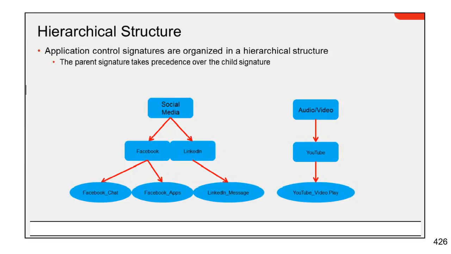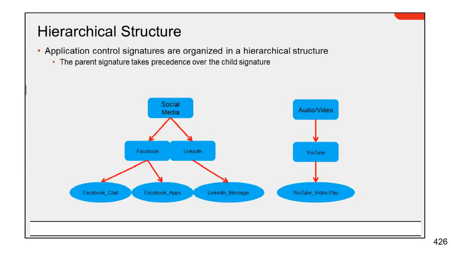So again, application control comes to the rescue, where you have a lot of pre-configured application control signatures, so that if you need to apply something like this, you can. There are application control signatures for the like button, share button, videos, Facebook chat, and Facebook comment sections.